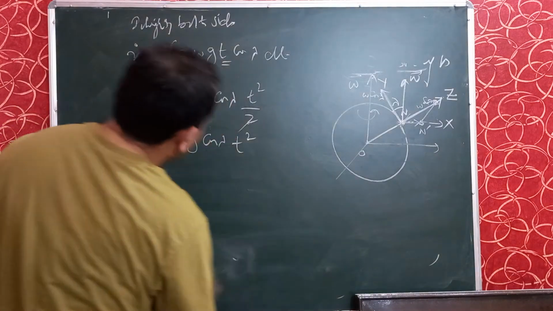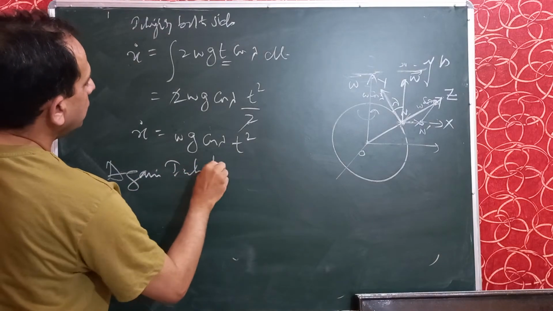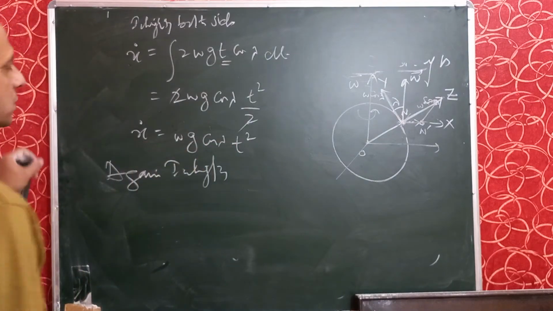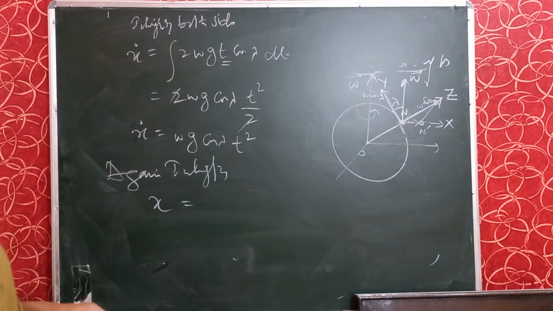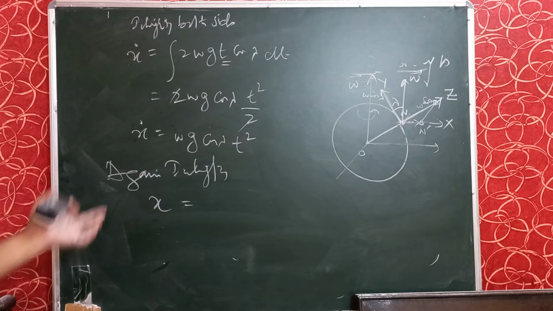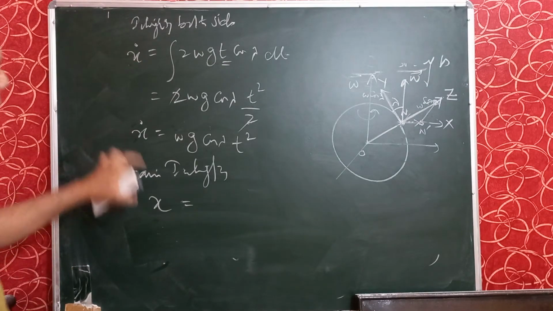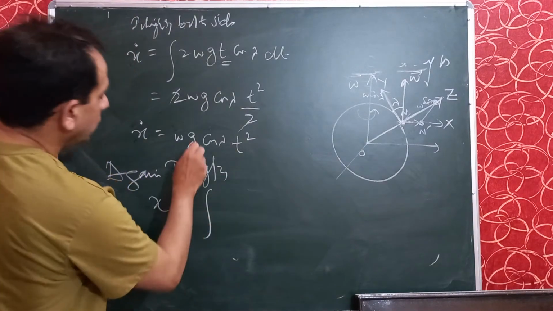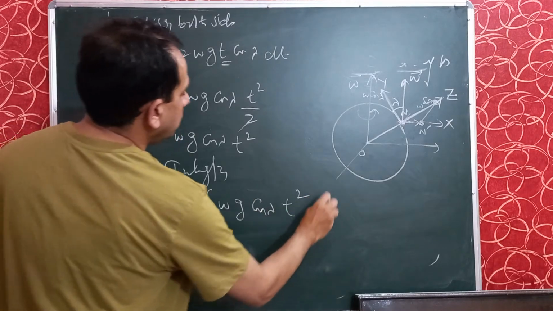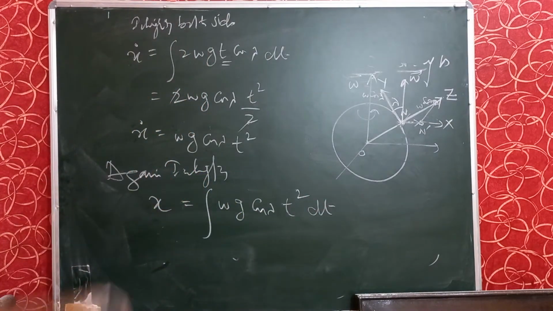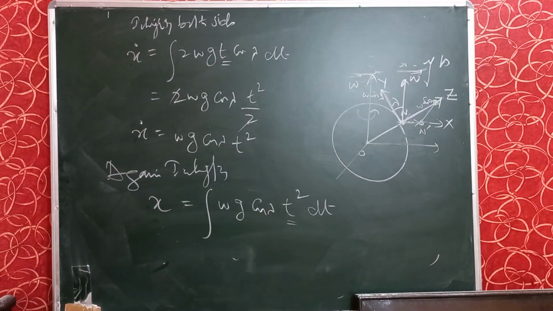Similarly, integrating both sides again to get x, because the integral of x dot is x. X dot means the derivative of x, dx on dt. When we integrate it, the derivative cancels with the integral and we get x. On the right hand side, the integral is omega g cos lambda t square dt, because t is the variable, so the integral must be with respect to dt.